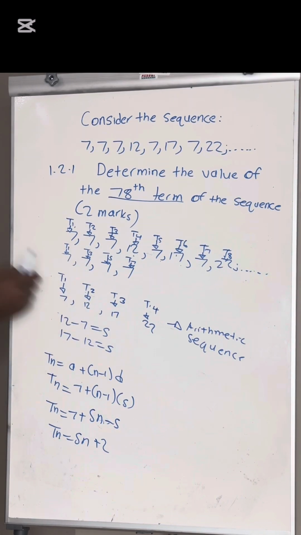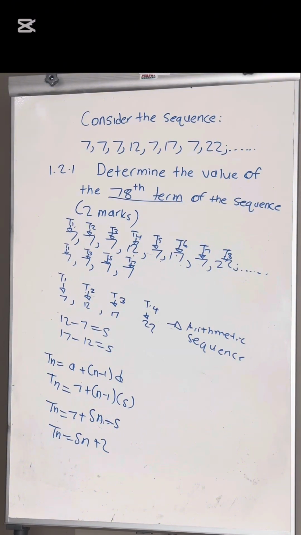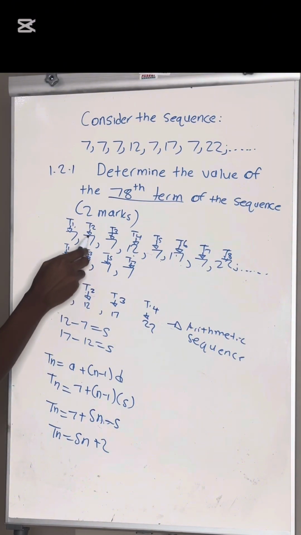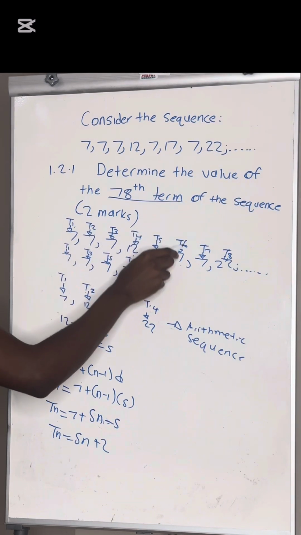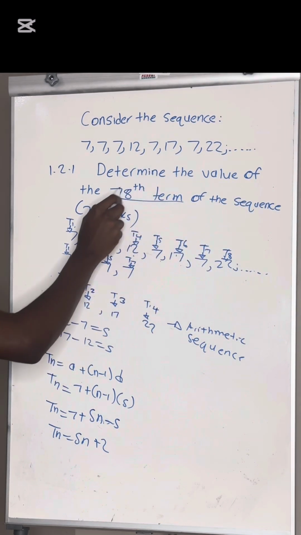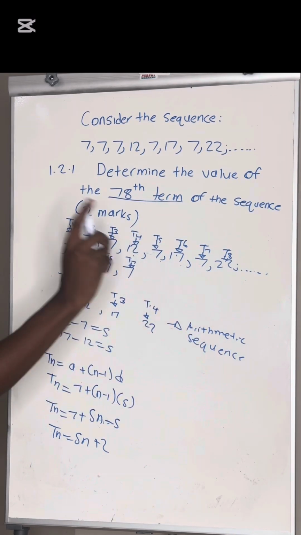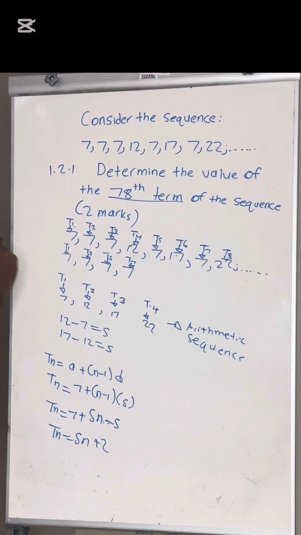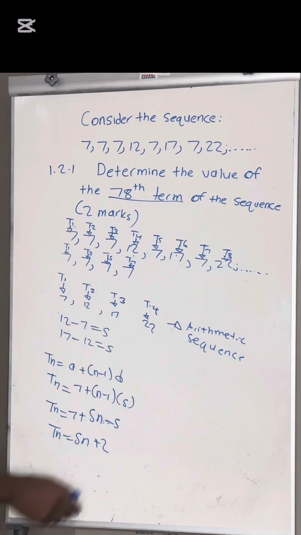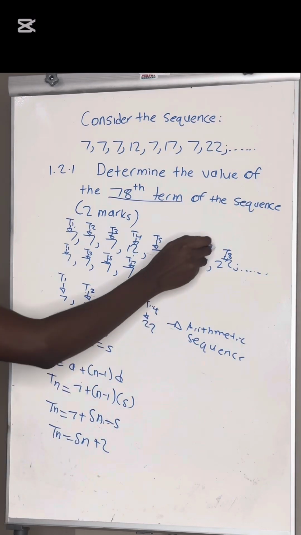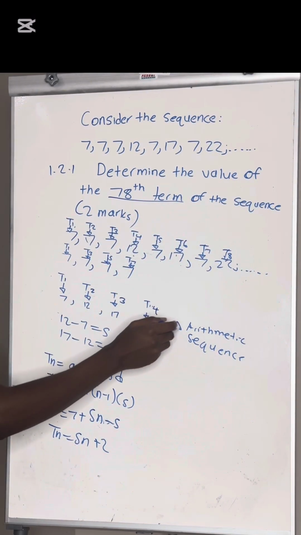And since it's even numbers, this is going to be a bit tricky: it's going to be term 2, term 4, term 6, term 8. Term 78 is an even number, but it is actually the 39th term of this sequence. It is the 78th term of the original sequence, but the 39th term of this sequence.